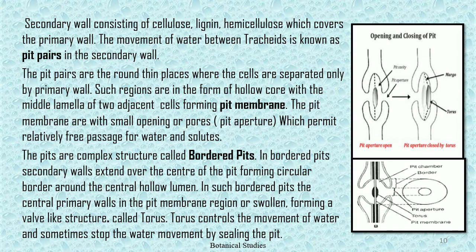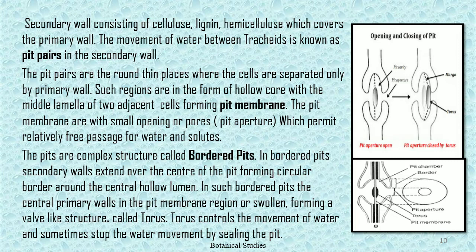Such regions are in the form of a hollow core, with the middle lamella of two adjacent cells forming the pit membrane. The pit membrane has small openings or pores known as pit apertures, which permit relatively free passage for water and solids.